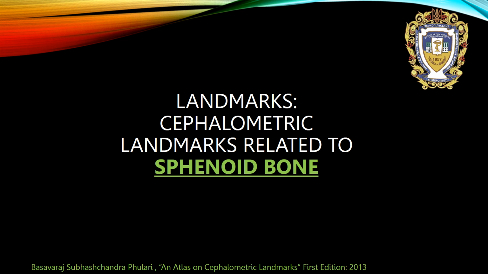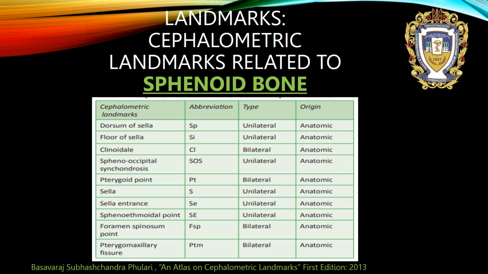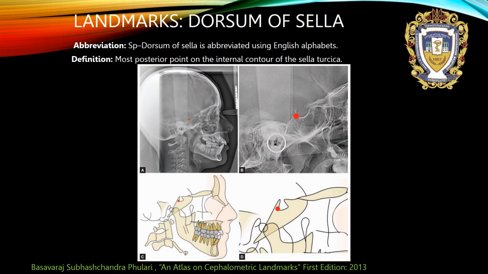Landmarks related to sphenoid bone. As you can see, there are so many points, and the most important are next. Dorsum of sella. It is the most posterior point of the internal contour of the sella turcica.